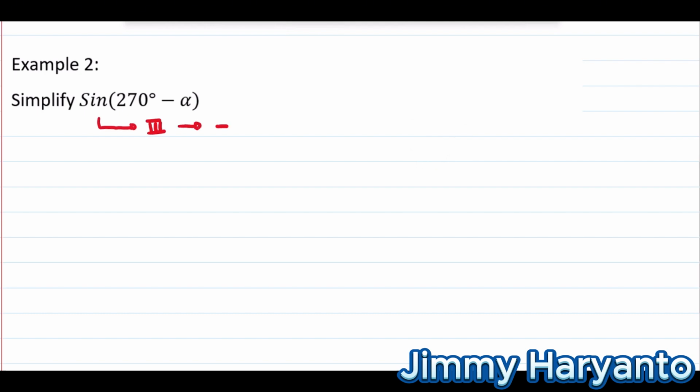For the sign is negative, and then we will erase the benchmark. And then do not forget, because we are dealing with 270 degree as the benchmark, that means the sine has to be converted into cos, and then we remove the benchmark, and finally we have negative cos alpha as the result.